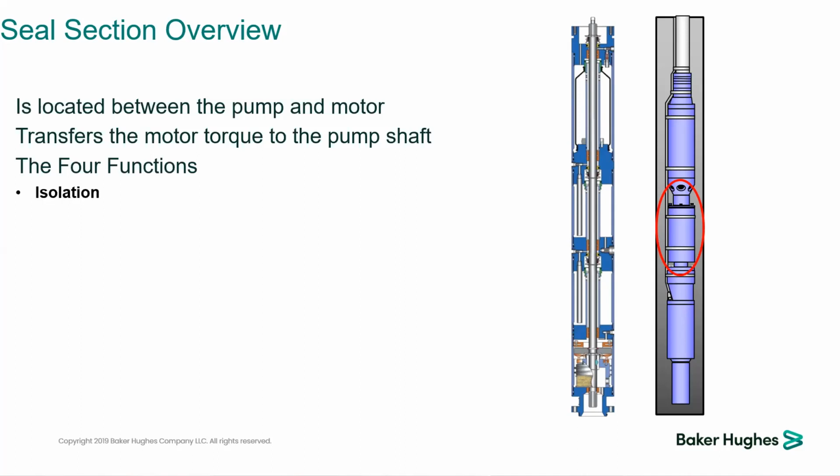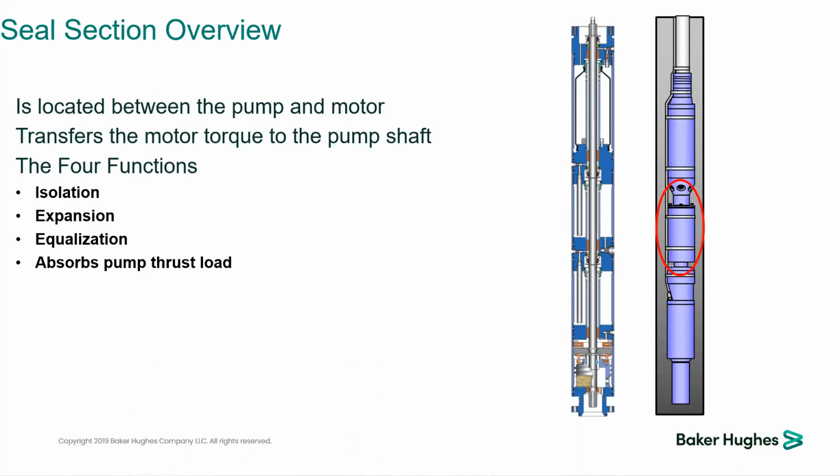So the main four functions of the ESP seal are isolation, expansion, equalization, and absorbing the pump thrust. So in general, you have to deal with it like that. If you are asked what the function of the ESP seal is, you have to put it in a bullet line.